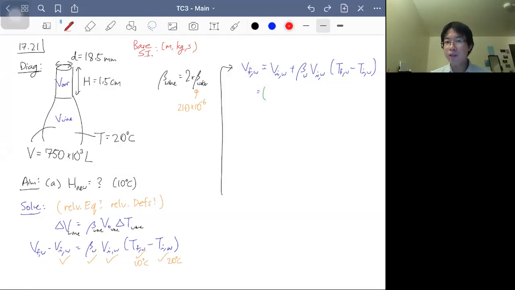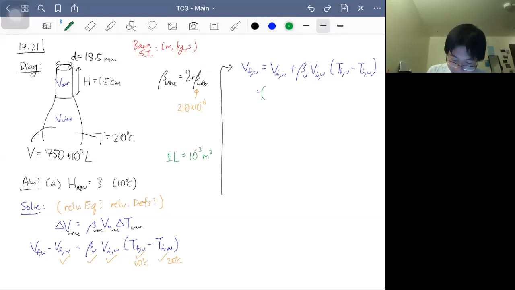That means you don't have to carry units in every line you write, right? That saves you a lot of time. You do all the conversion in the beginning and at the end. Well, you don't have to convert at the end, it's just the beginning, right? So liters, I always get confused, but I looked it up before this class. 1 liter is 10 to the minus 3 meters cubed in terms of the SI base units, right?